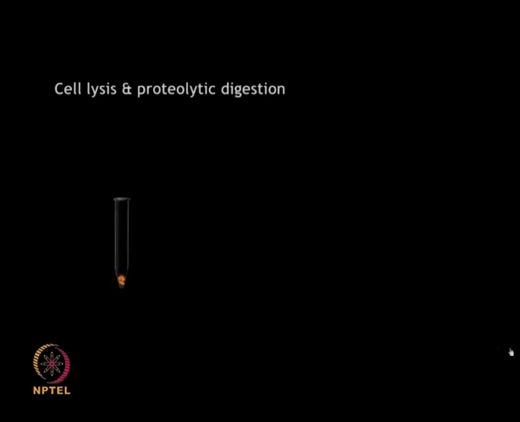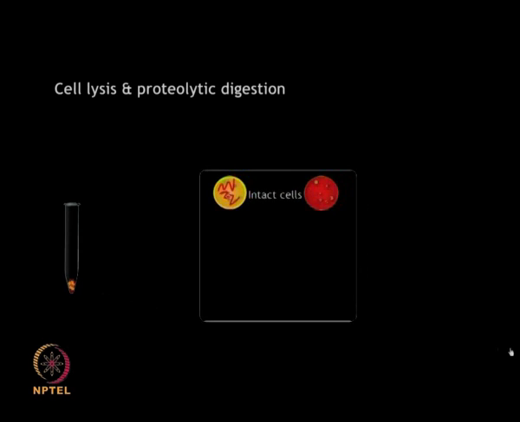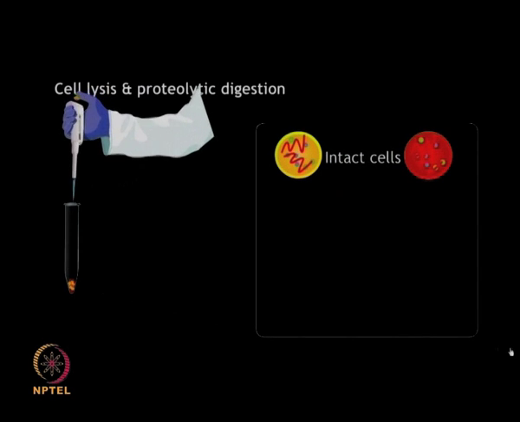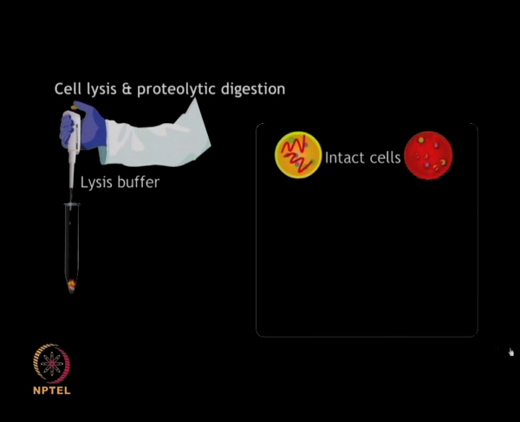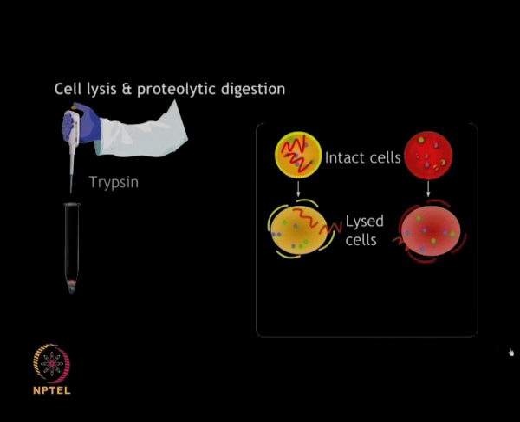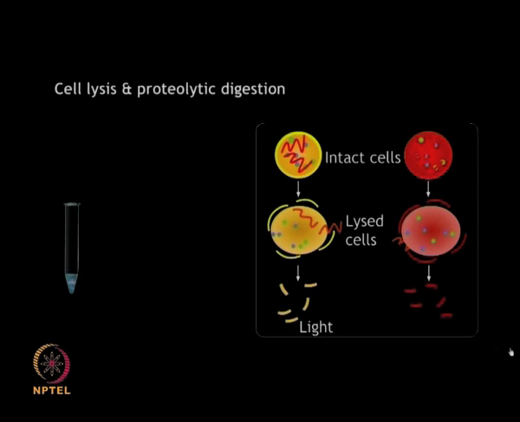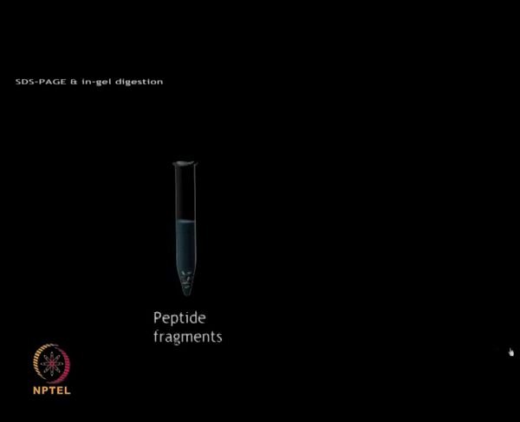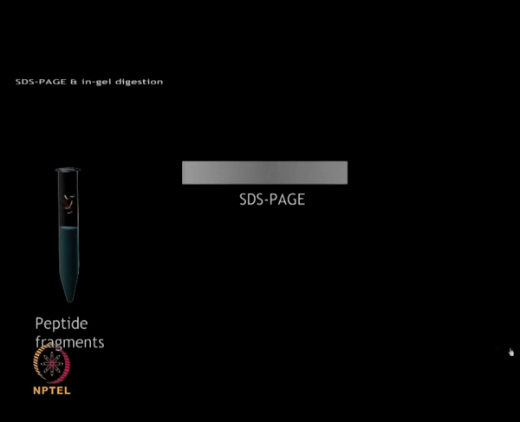The grown cells are then lysed using a suitable lysis buffer, and proteins are cleaved by using a proteolytic enzyme such as trypsin. This results in a mixture of light and heavy peptide fragments, which can be quantified further by using mass spec.